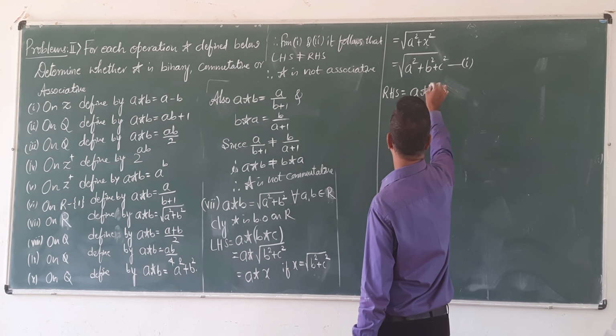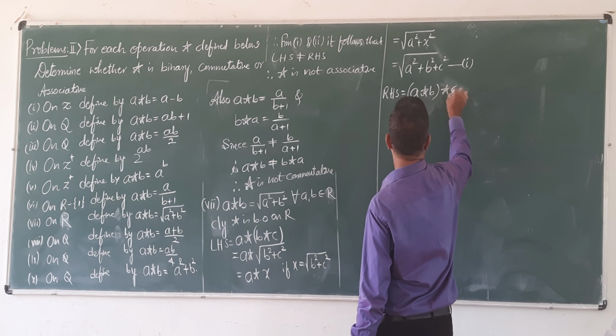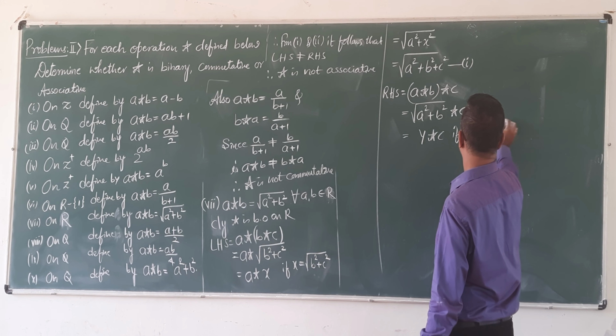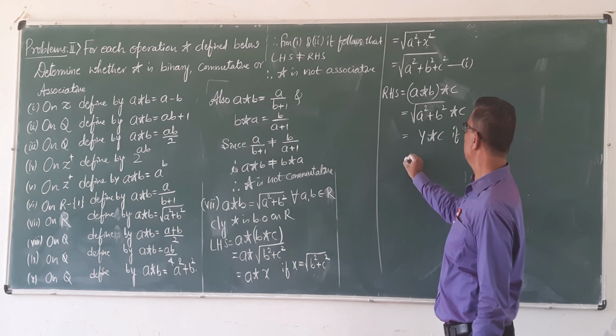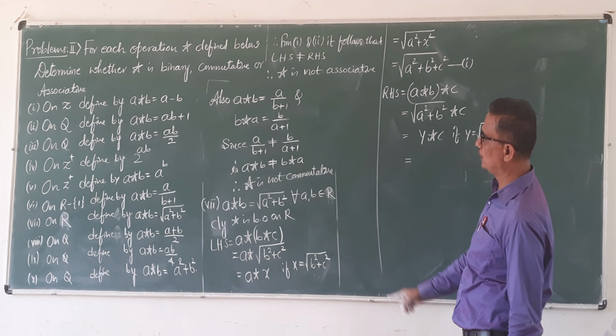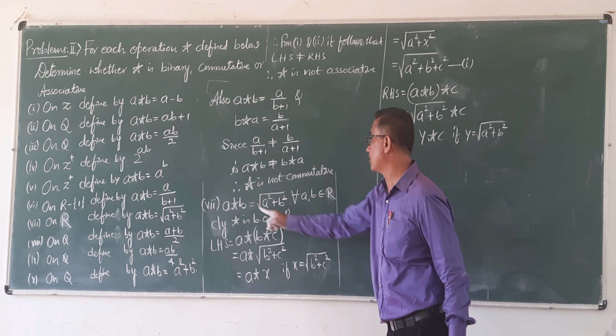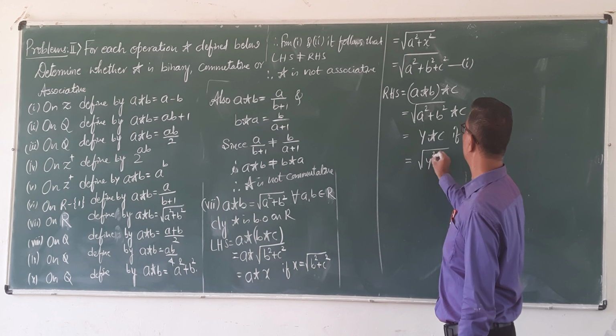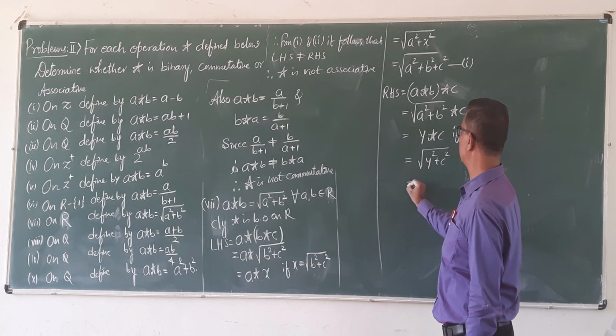A star B, then star C. A star B value is root of A square plus B square. Then star C. Put root of A square plus B square as Y, then Y star C, where Y is equal to root of A square plus B square. Since A star B is equal to root of A square plus B square, instead of A and B, Y star C is equal to root of Y square plus C square.